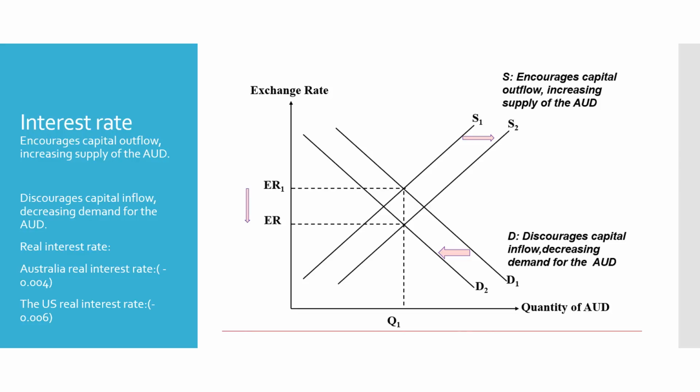So a lower real interest rate in Australia encourages capital outflows, therefore increasing the supply of the AUD, because investors can get a higher return in USD than they can get in AUD. It also discourages capital inflow and decreases demand for the AUD. So the exchange rate moves from year 1 to year 2, showing a depreciation of the AUD.